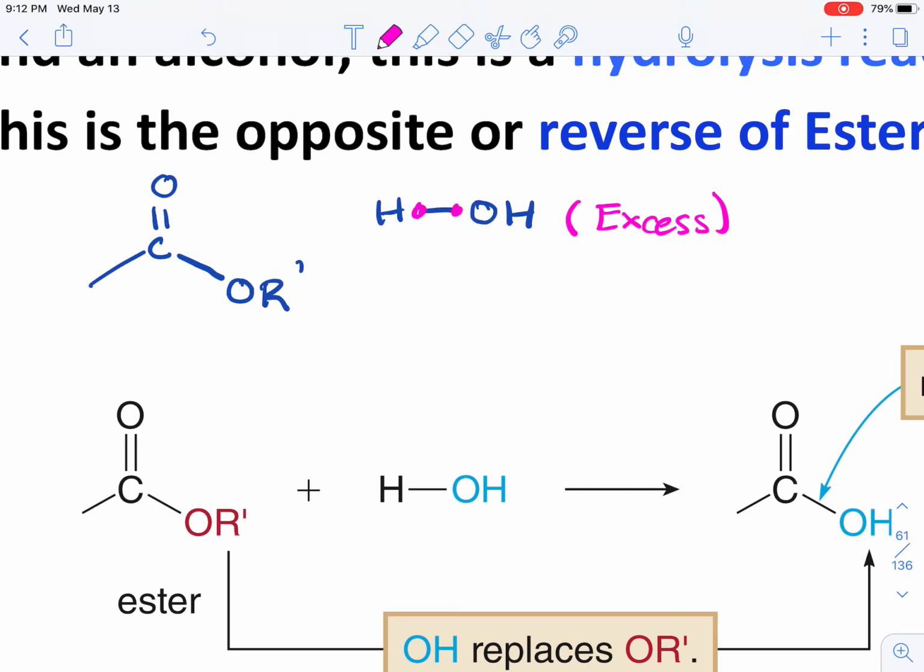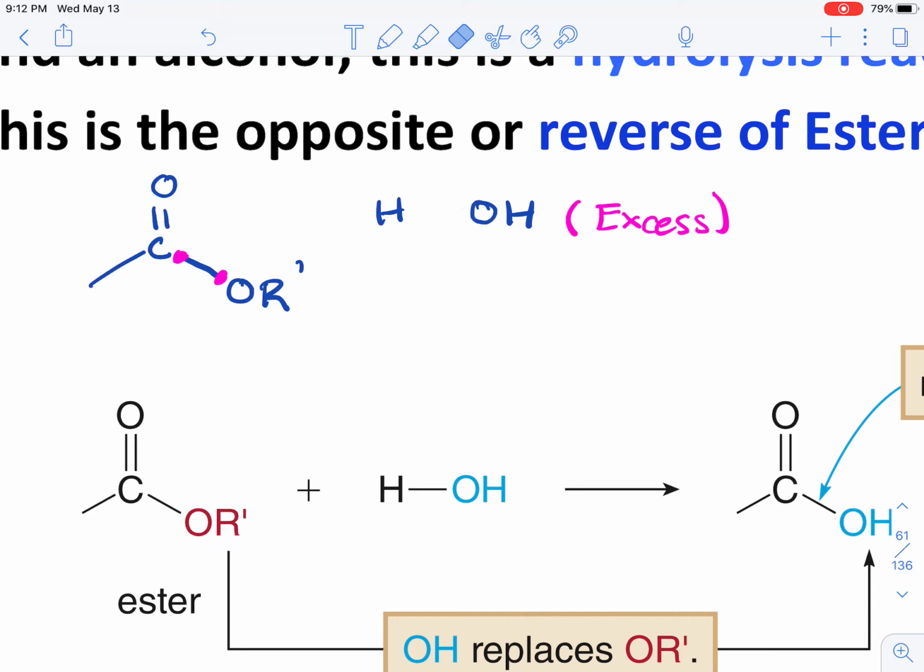The bonds that are shared between the hydrogen and the oxygen in the water molecule, and the carbonyl carbon and the ester oxygen on the ester, they're going to break.